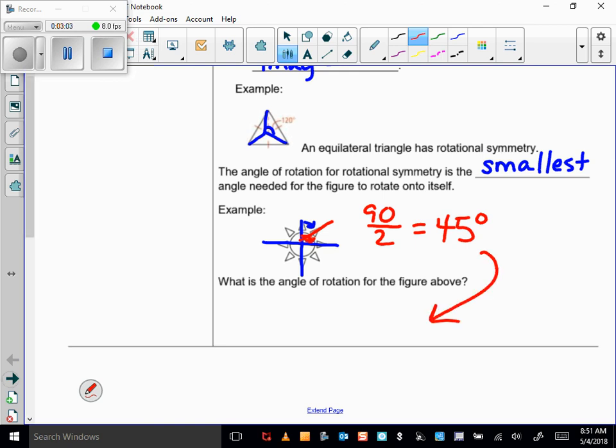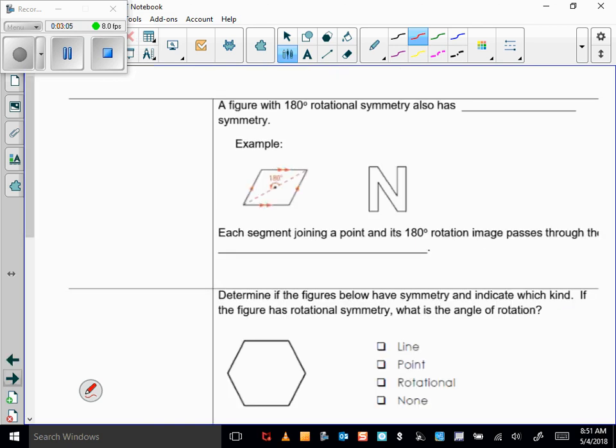Okay, rotational symmetry. Now, a figure with 180 degree rotational symmetry also has what we call point symmetry. So for example, look at this parallelogram here. If I rotate this 180 degrees, it'll map onto itself.